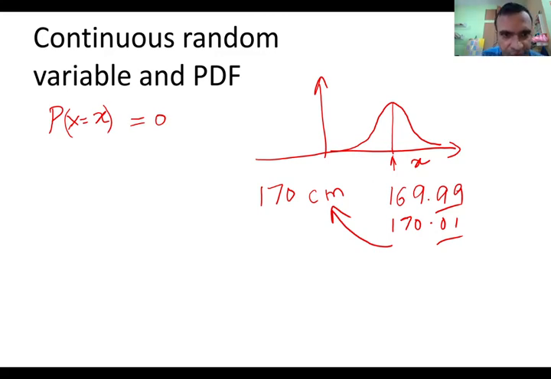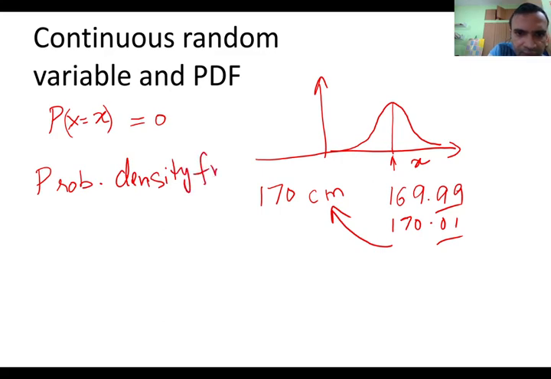So how do we represent probabilities in that case? We represent it using something called a PDF, probability density function. The probability density function is a continuous function, and its value at any given point can be anything, in the sense that it can be greater than 1, though it has to be greater than or equal to 0.